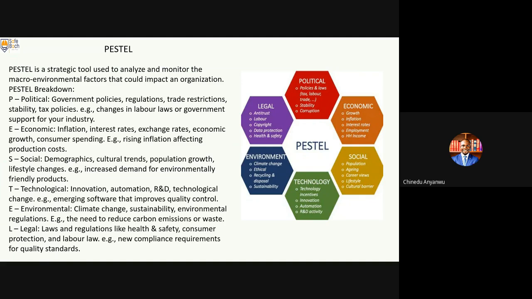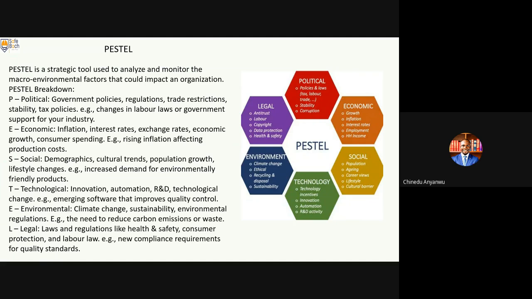Now, PESTEL is an abbreviation for political, economic, social, technological, environmental, and legal. When you look at these areas, you will be able to determine internal and external issues holistically.